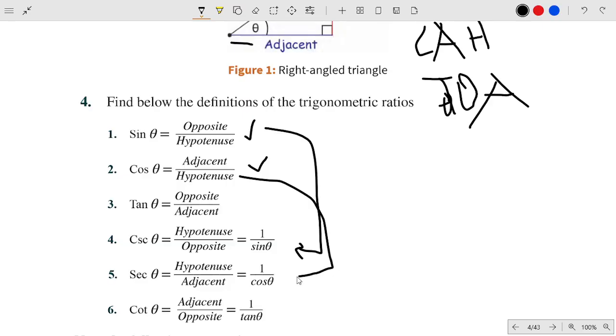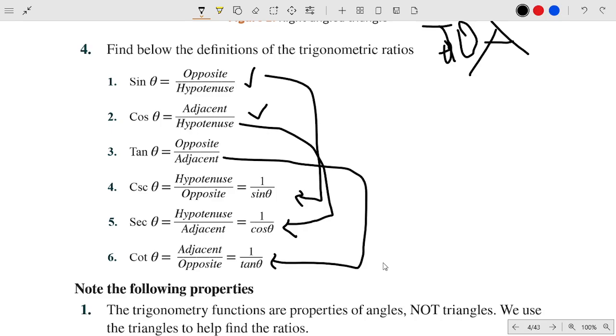Since cos is adjacent on hypotenuse, sec will be the hypotenuse on adjacent. Then cot is the reciprocal of the tan. Since tan is opposite on adjacent, cot will be adjacent on opposite. Simple as that.